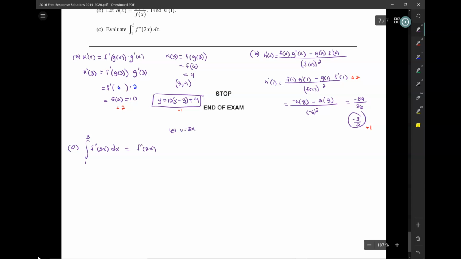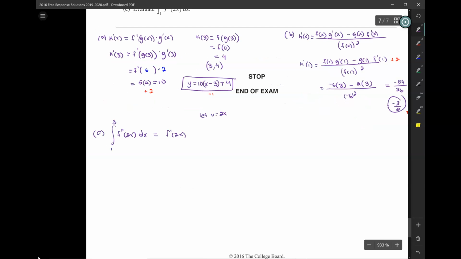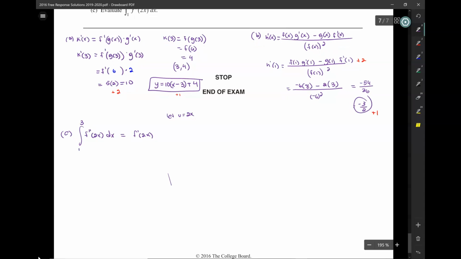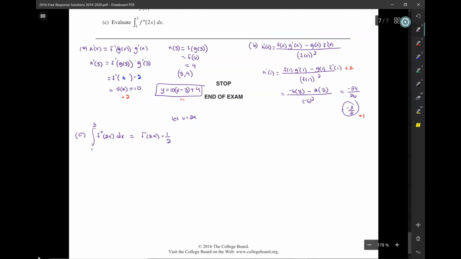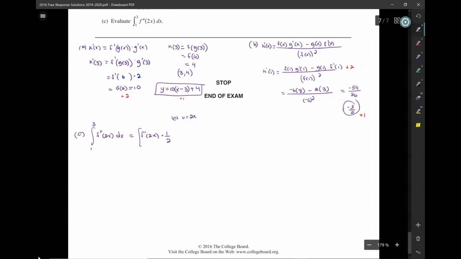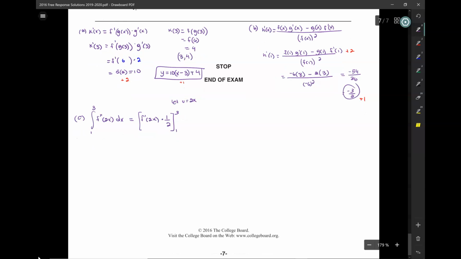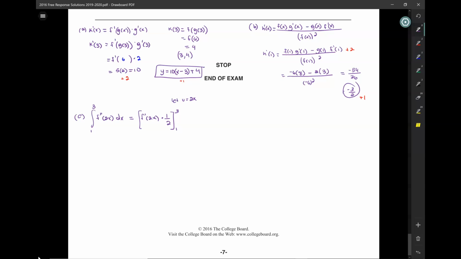right? And remember, when the derivative of u is a constant, all we need to do is multiply by 1 over 2, right? Or just divide by that constant. Okay? And then all this needs to be evaluated from 1 to 3. So this is going to be 1 over 2. I'm going to take that out.